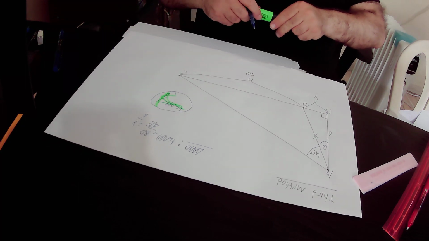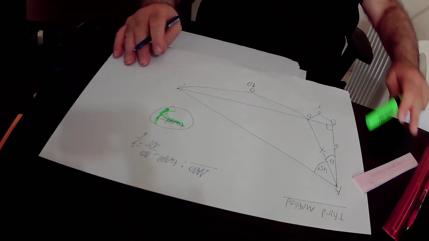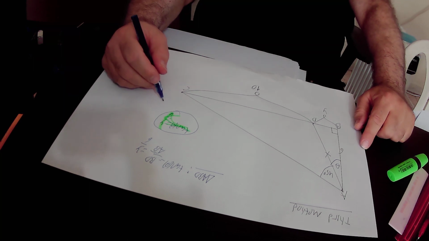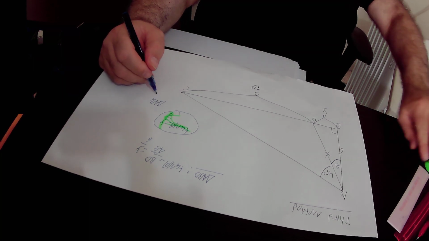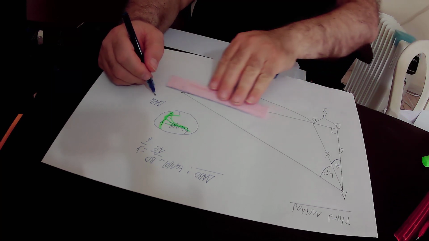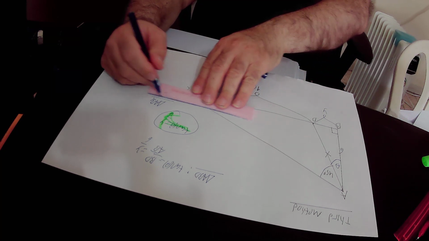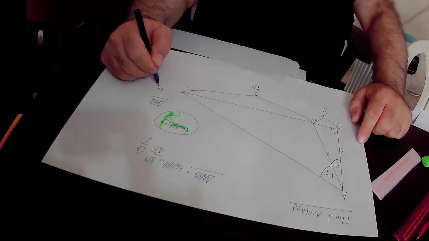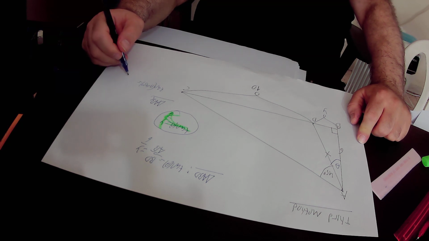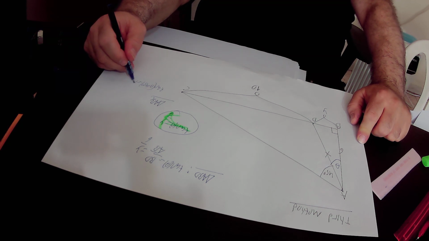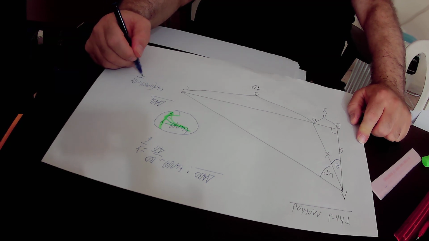In the next step, we will focus on the right triangle ABC. In the right triangle ABC, you know that tangent of theta plus 45 degrees is equal to BC over AB.